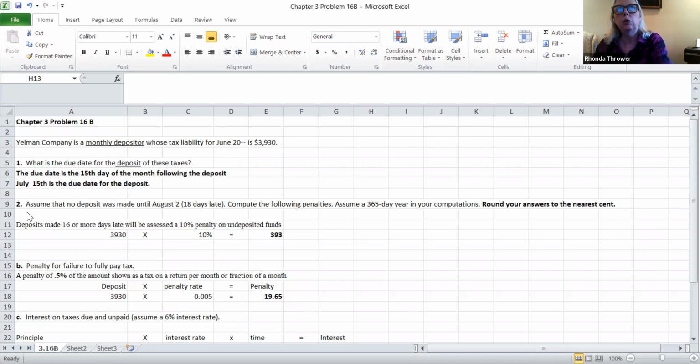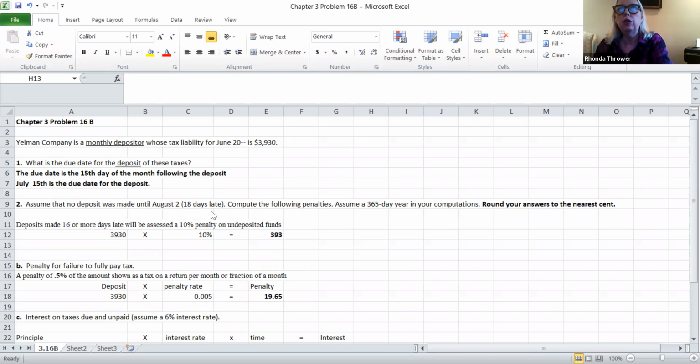In part 2, they want you to assume that no deposit was made until August the 2nd. Remember, it was due on July the 15th, and so it's going to be 18 days late to August the 2nd before they actually made that deposit.